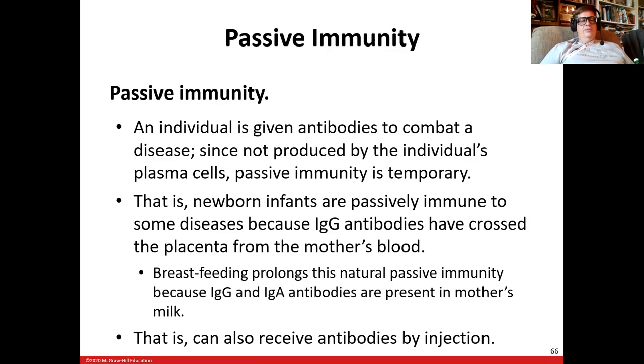Totally true. But also below that where it says receive antibodies by injection. That's what they're going to do if you're bitten by an animal they think is rabid. They're not going to wait to test and find out because rabies will kill you. They will instead inject you with antibodies that will fight the rabies virus.